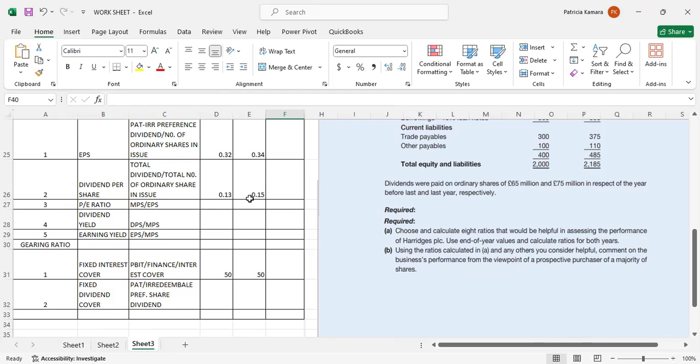What are the internal inefficiencies that the business is facing? What can the business do to improve upon the figures? These are things you have to factor in as you do your analysis, as you advise someone, or as you advise yourself as a potential investor.